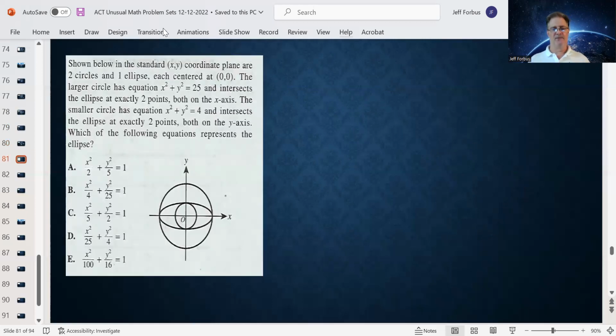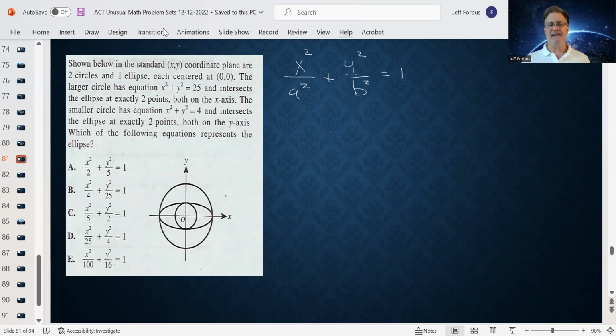Okay, so we come to a problem with an ellipse. It's really important to make sure you understand the ellipse equation. It's really important. So fundamentally, it's x squared over a squared plus y squared over b squared is equal to 1.